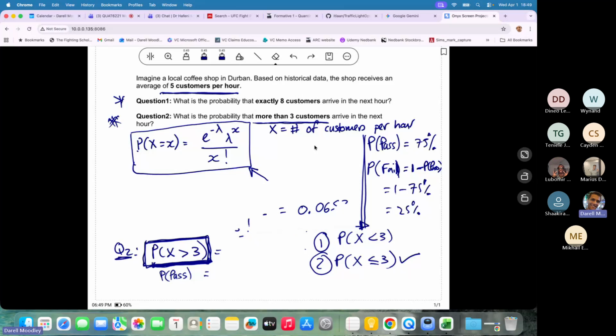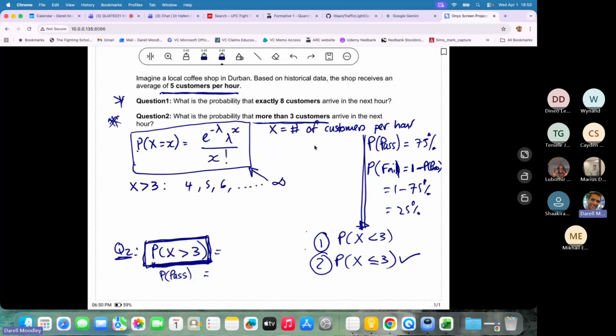Let's look at x greater than 3. That is the case where x is 4, 5, 6, all the way to infinity.